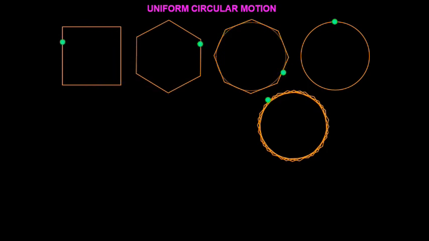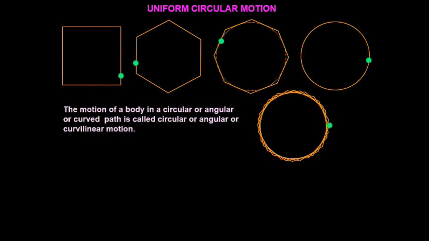Now all moving together, you can see they are moving like this. So basically circular motion is that one where the body may travel through equal distances in equal instants of time, but its velocity changes direction at every instant.